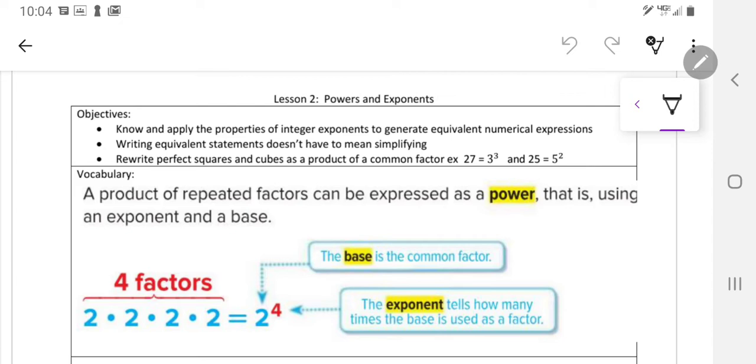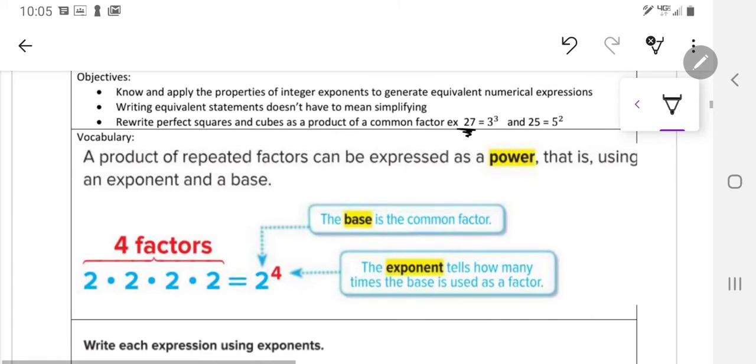So that means how could you turn 27 into a power? What's an equivalent expression but using a base and an exponent? So how can you write 27 using a base and an exponent, or as a power? It would equal 3 to the third, or 25 would equal 5 to the second.